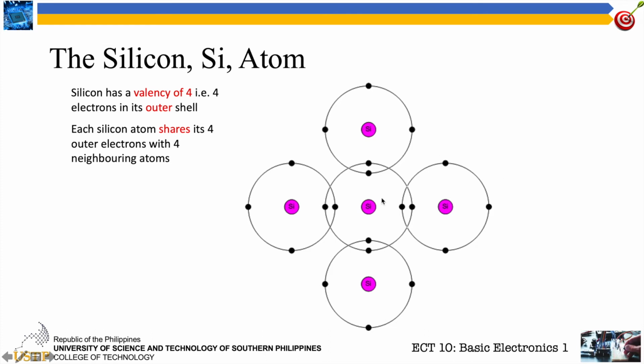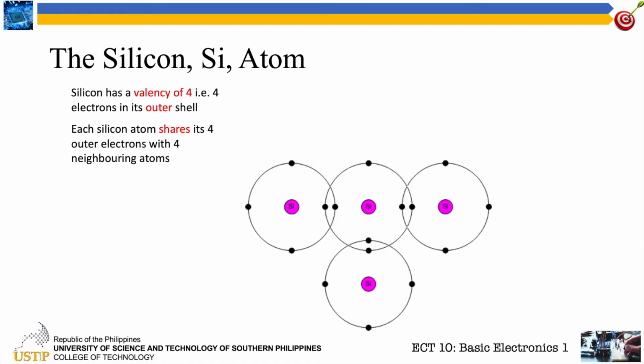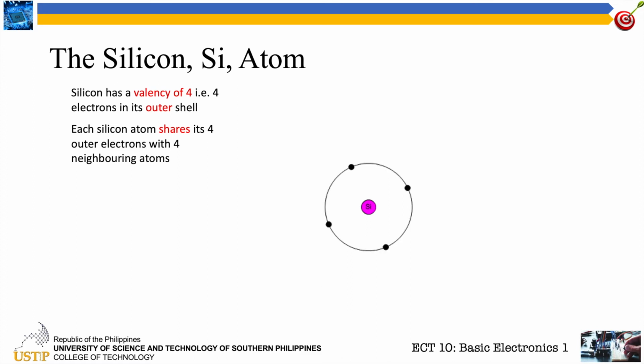In a silicon atom, you have 4 valence electrons. And if they are in one material, this is how we see the crystal lattice of silicon. We have here a sharing or pairing of electrons when they are bonded together.